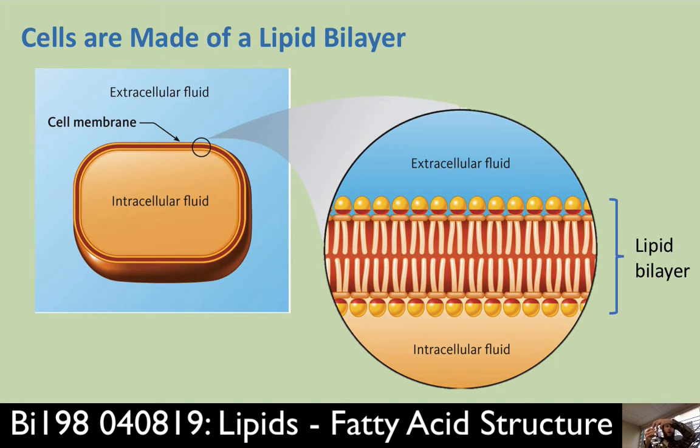And then these polar parts also like to cluster together. And when you line a whole bunch of them up, you can get these layers, micelles, or in a biological context, a cell membrane.